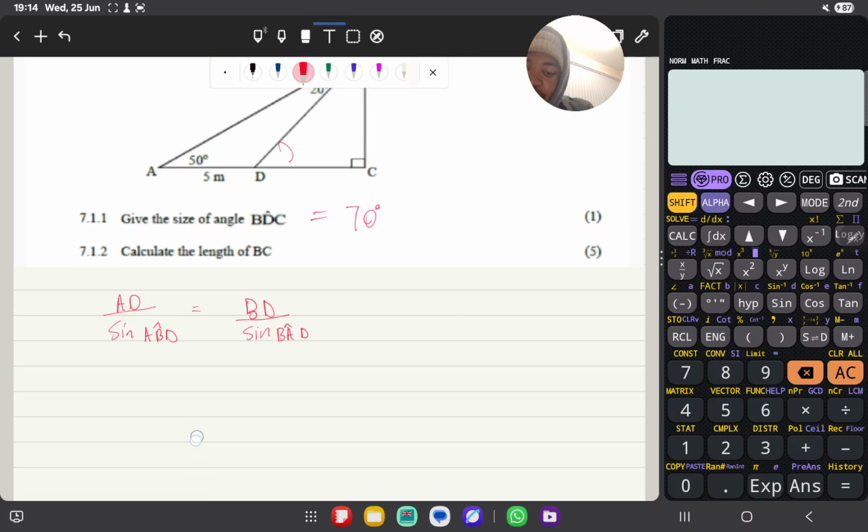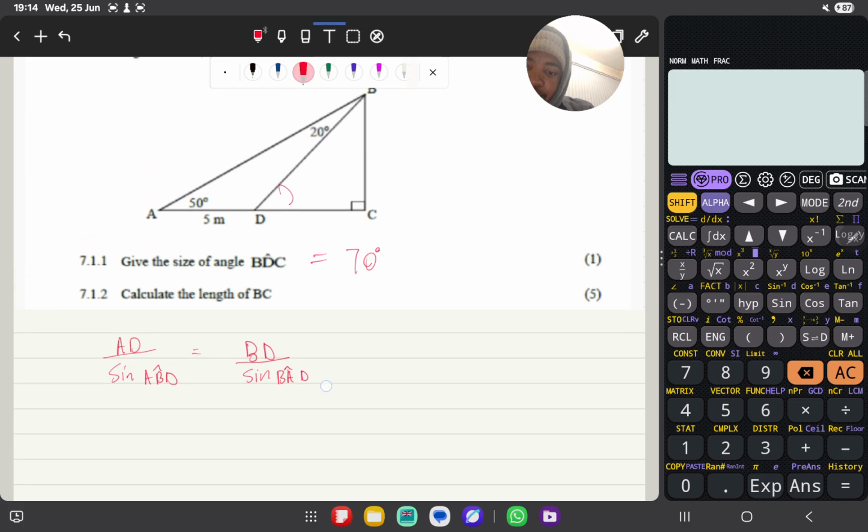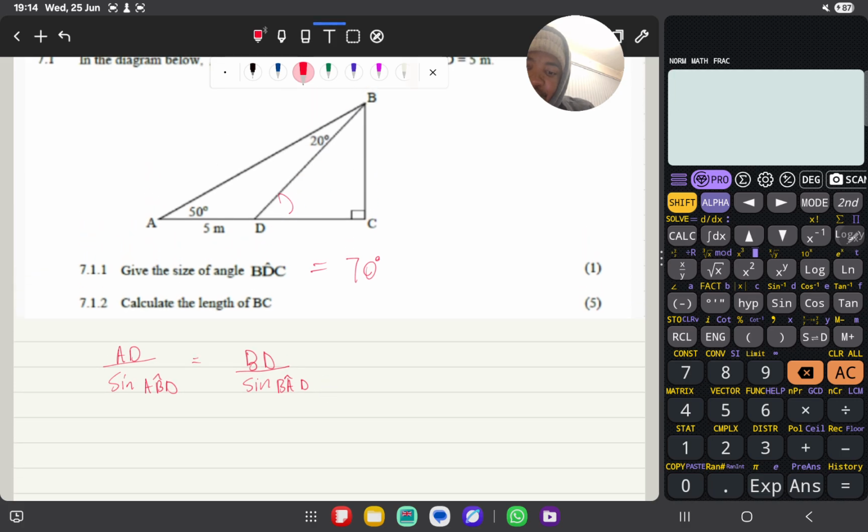Because we are trying to find BD, we are going to multiply everything here by sine BAD.